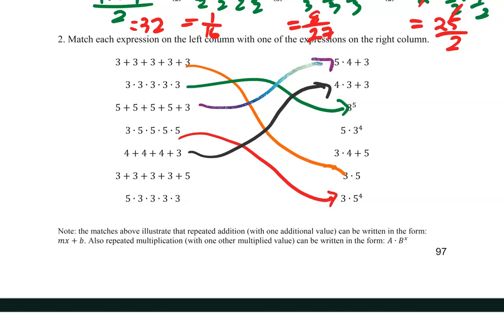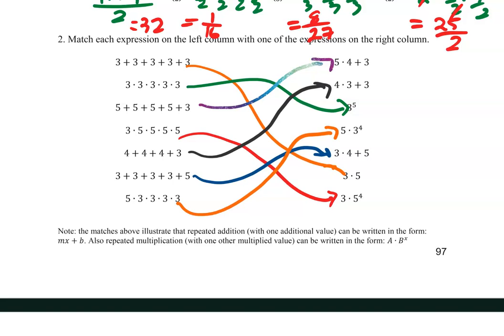So you're adding 3 4 times. So that is 3 times 4 plus 5. This one. And the last one, 5 times 3 times 3 times 3 times 3. So you are multiplying 3 4 times by 5. That is this one.